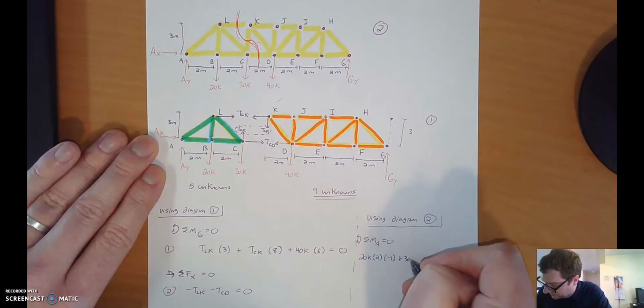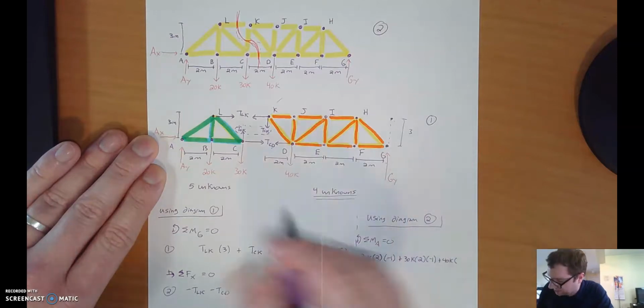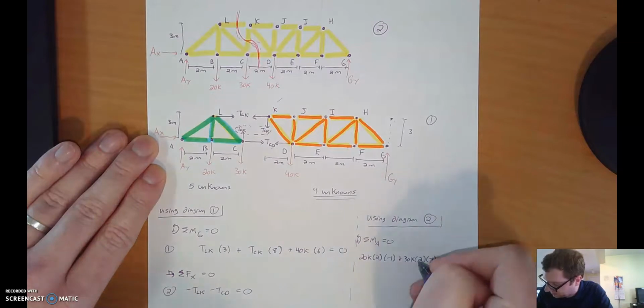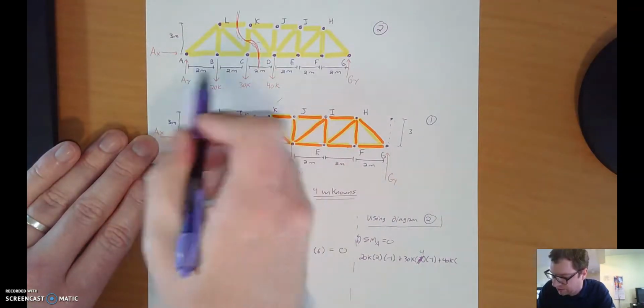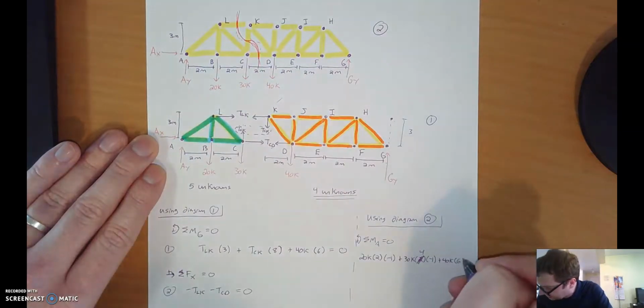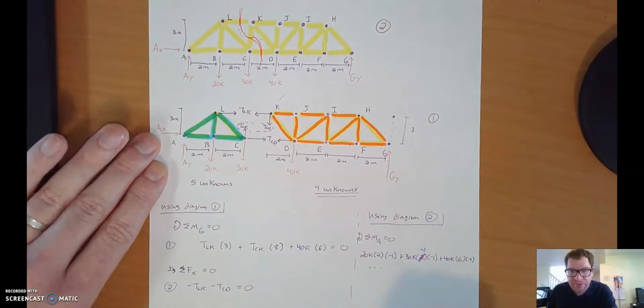So plus 30K times 2, -1 for sense, plus 40K times, sorry, that shouldn't be 2, that should be a 4, because it is 2, 4 away, and then the next one is 2, 4, 6 away. That's -1, and then we've got to continue our equation. Now you're out of room.